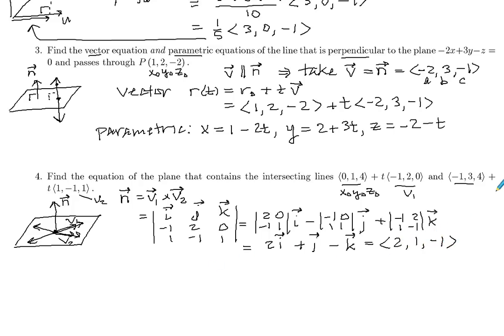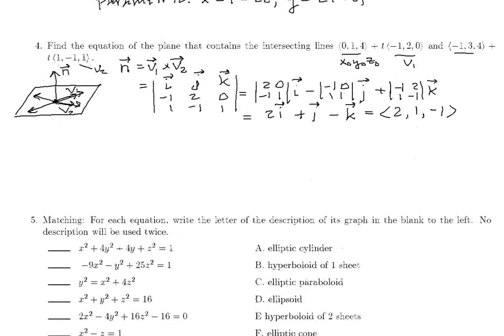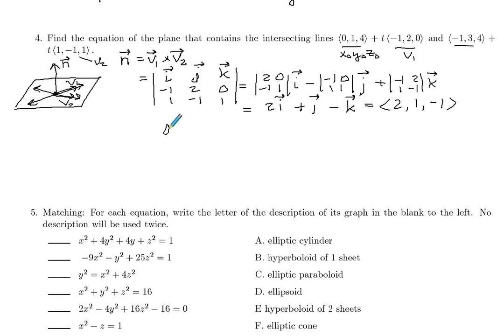Then we plug that into the scalar equation for a plane, which recall is a times (x minus x0) plus b times (y minus y0) plus c times (z minus z0) equals 0. The normal vector is (a, b, c), so that's our 2, our 1, and our -1.